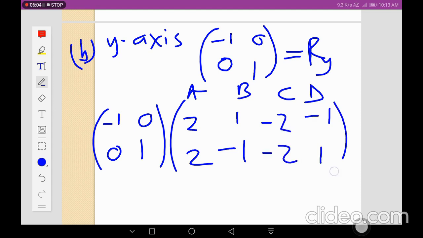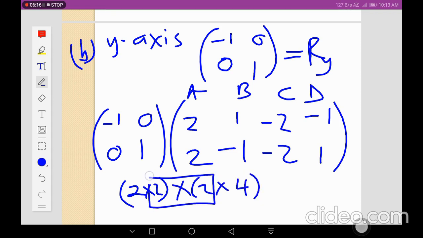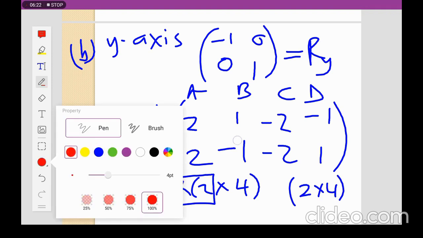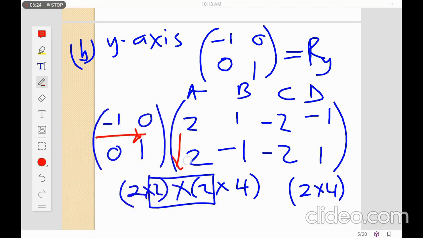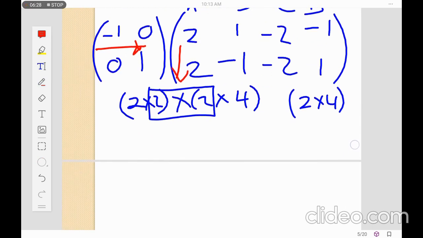We know we can multiply because it's a 2 by 2 multiplying by a 2 by 4 matrix, and our answer will be a 2 by 4 matrix. So let's do row by column.